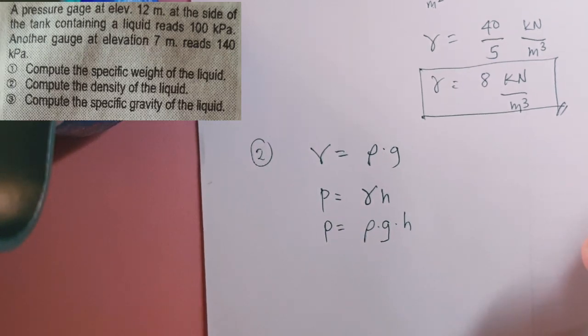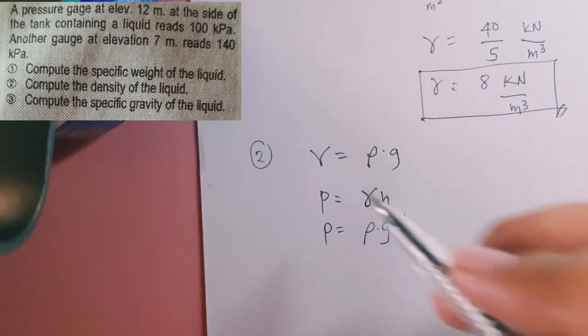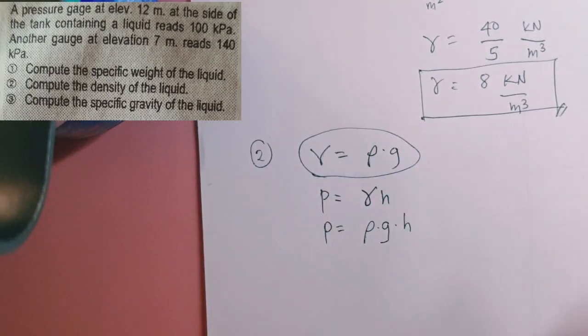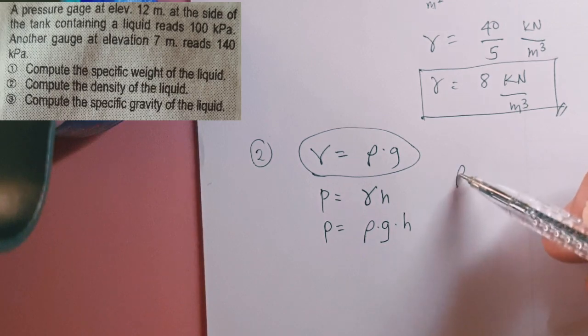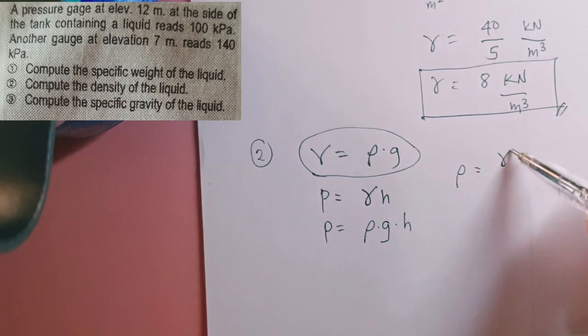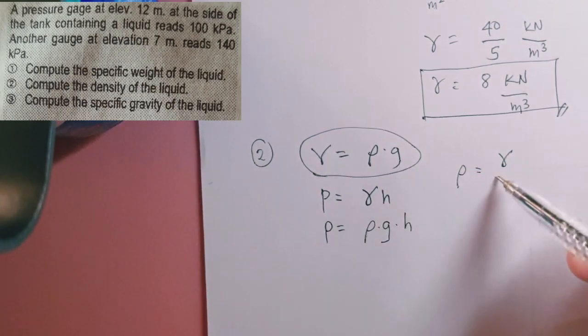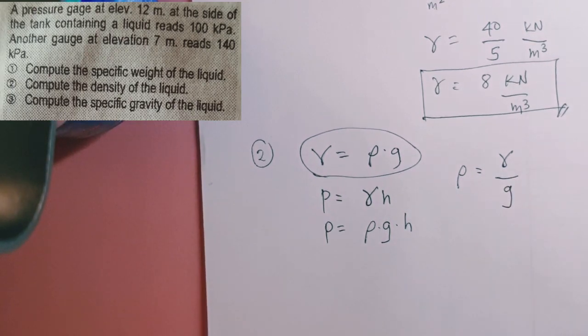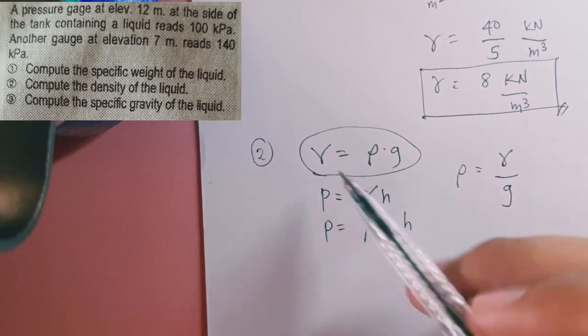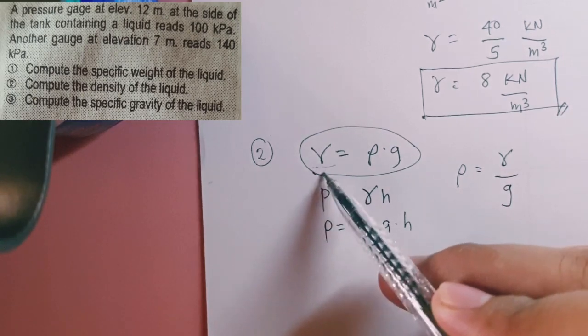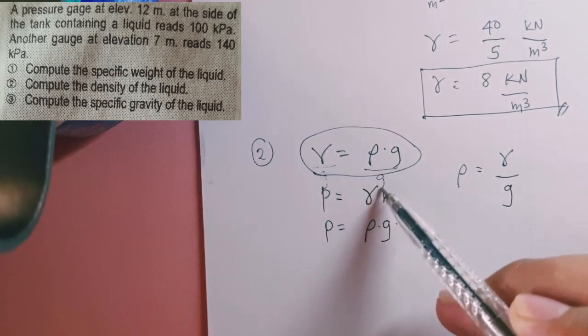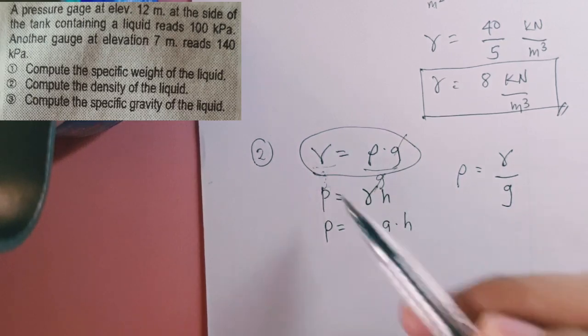Okay. So diri lang ta murag mo ni atong magamit, no? So density ang gipangita, we have unit weight divided by acceleration due to gravity. If you divide both by g, cancel, so gamma over g.